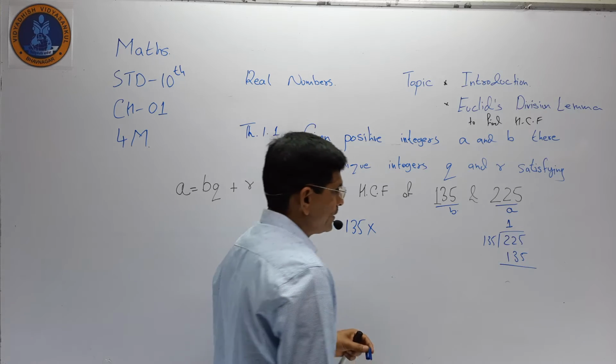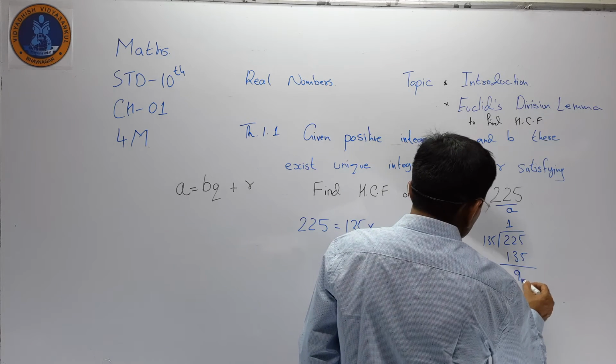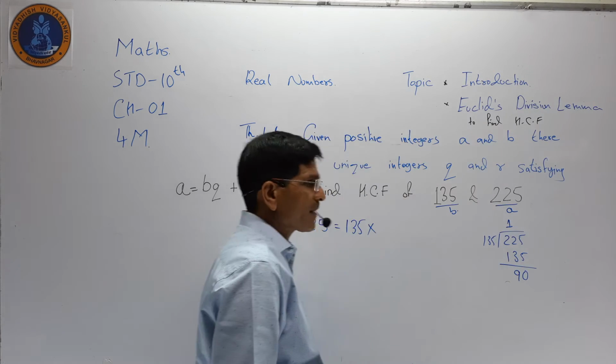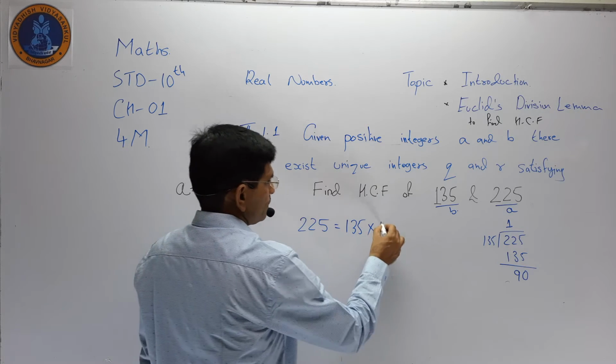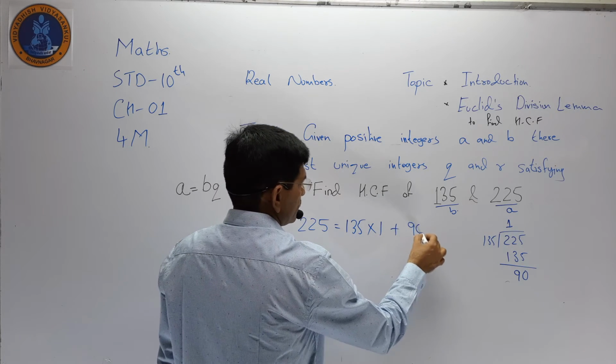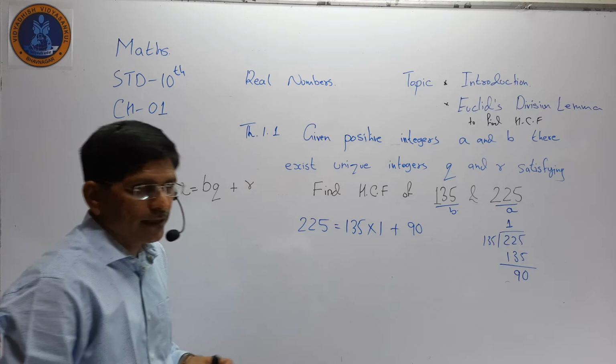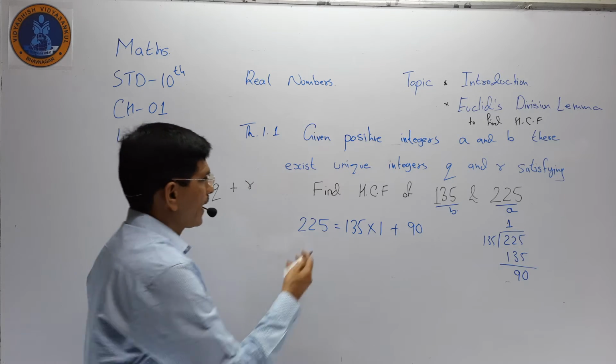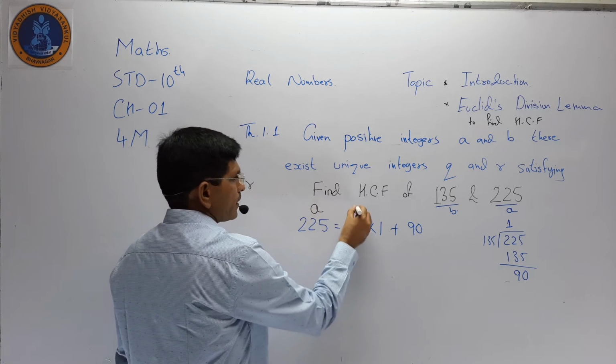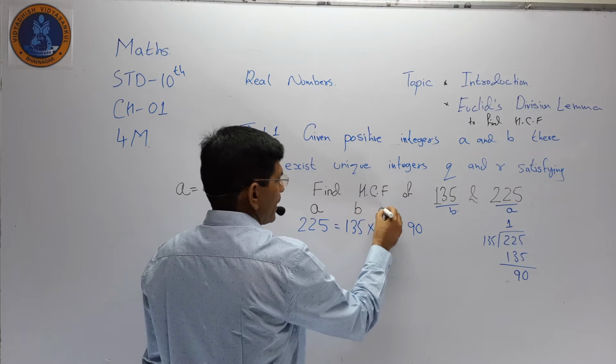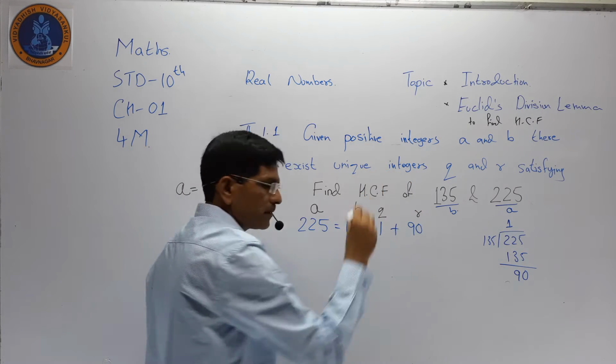So what I have to write? 90. So 1 plus 90. What is my comparison? Write A, write B, write Q, write R.